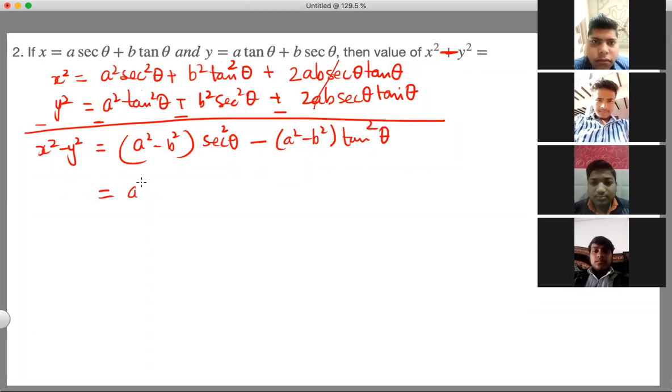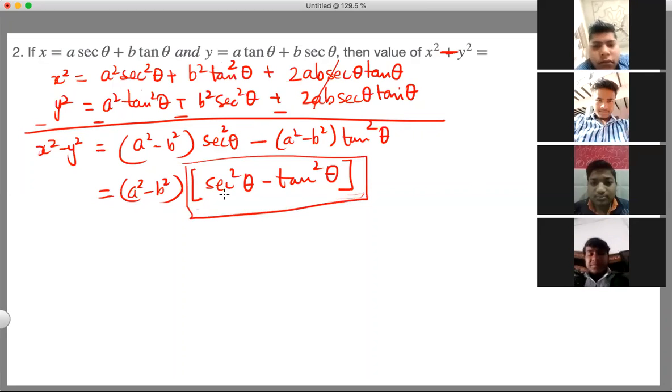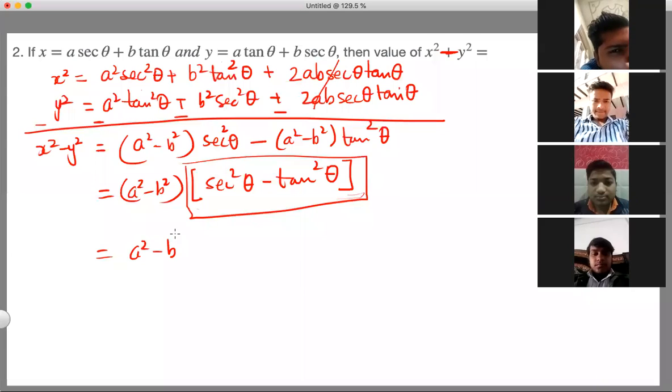So we take a square minus b square outside. Inside the bracket we will have sec square theta minus tan square theta, and what is the value of this? 1. So the answer is a square minus b square.